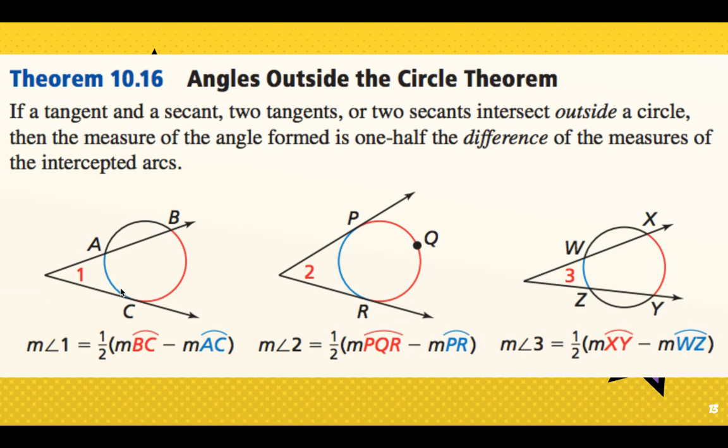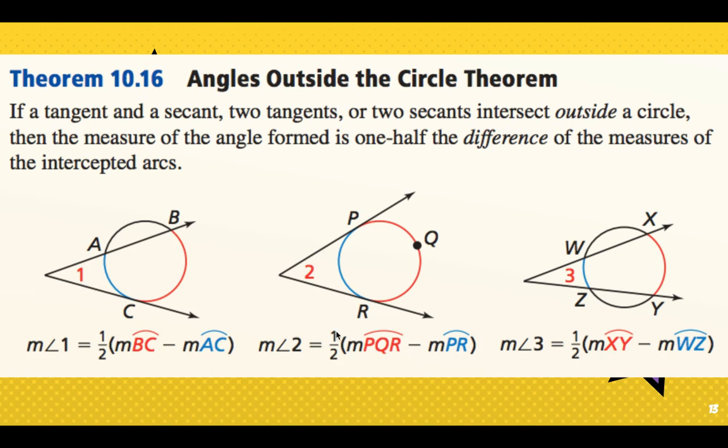How you calculate this is the measure of this angle is going to be 1/2 the difference, not the sum, but the difference. That difference means you're going to subtract. So you're going to take this bigger arc measure, subtract the smaller arc measure, and then take 1/2 of that difference. And that is the measure of this angle.